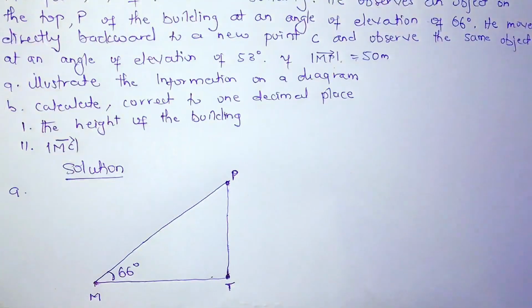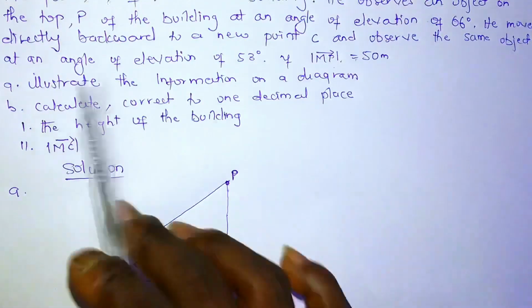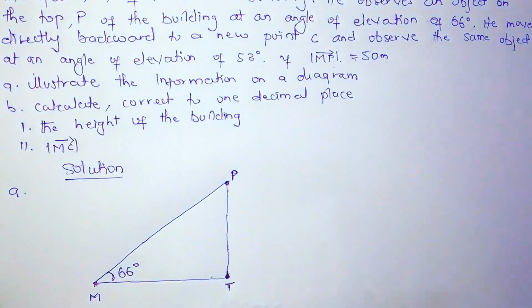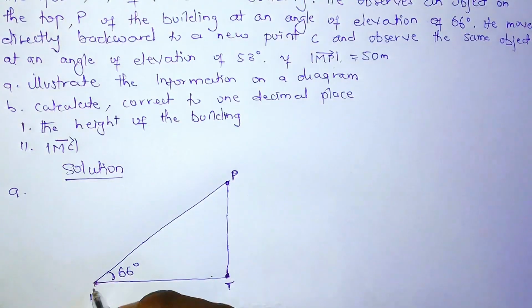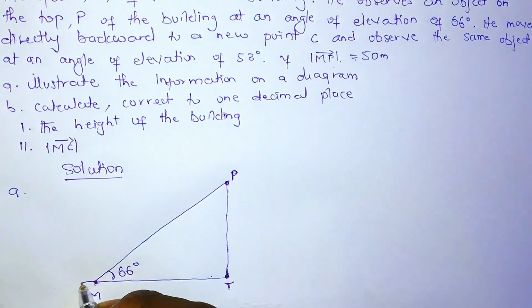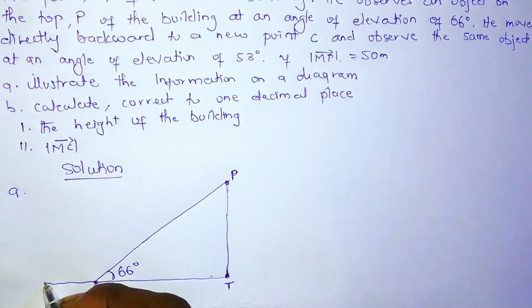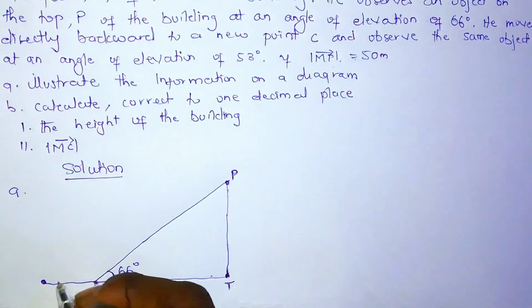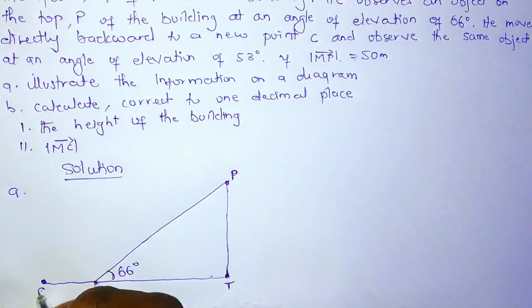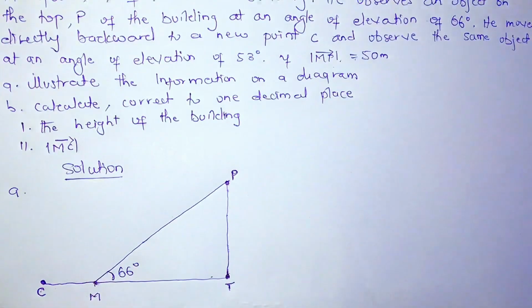He moves directly backward to a new point C. So from M, he moved directly backward to a new point C, and observes the same object.